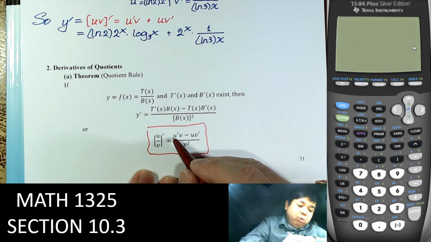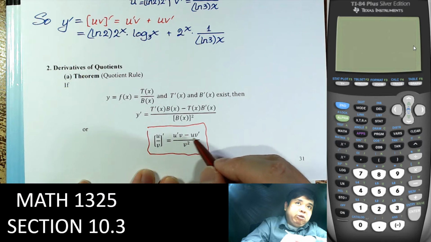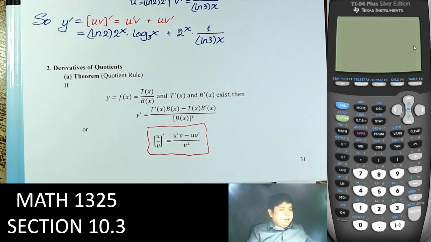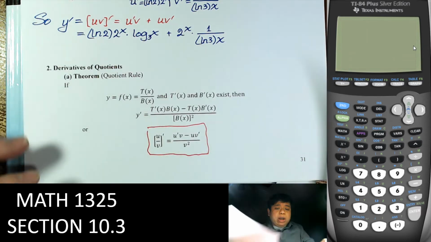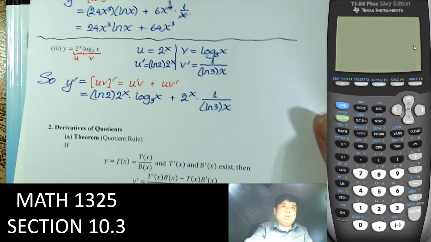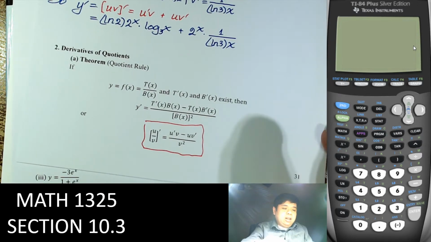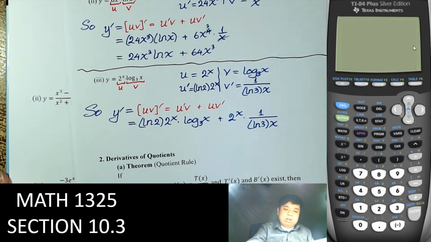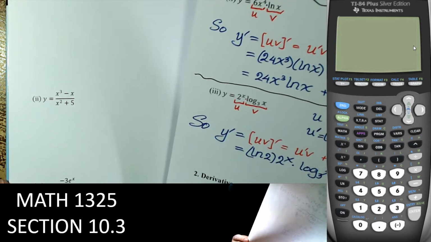So again, u prime v minus u v prime, and then over v squared. So that's the quotient rule. Right now we cannot prove the quotient rule, but when we go to the next section we can. It's a bit more complicated, but that's just a rule and we stick to it, should be fine.